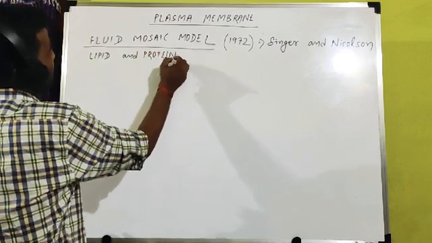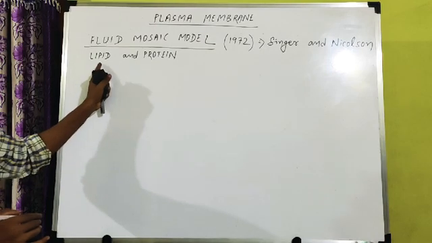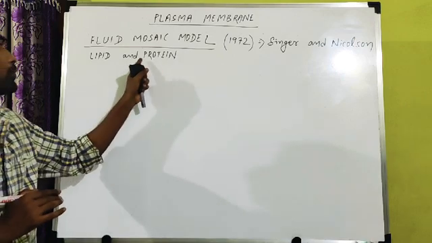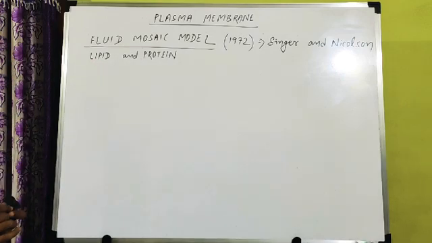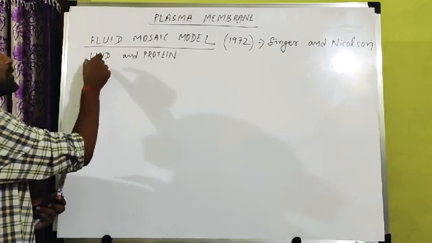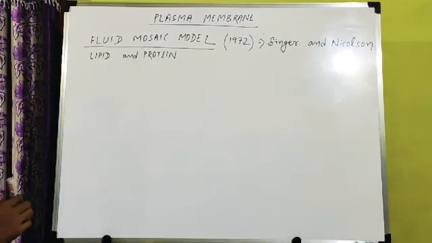Other chemicals are also present, but lipid and protein are maximum. So it is said to be lipoprotein. According to fluid mosaic model, the plasma membrane is lipoprotein in nature. One by one we will discuss what is lipid, which type of lipid is present and which type of protein is present in the plasma membrane.